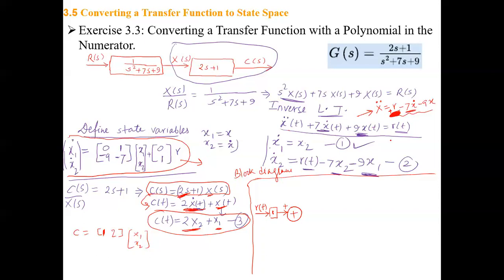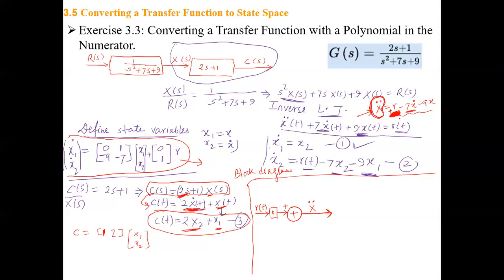What comes out of RT? What is your goal? Your goal is to get this. From there you get X double dot. So this is your output. That's the output you get, right?